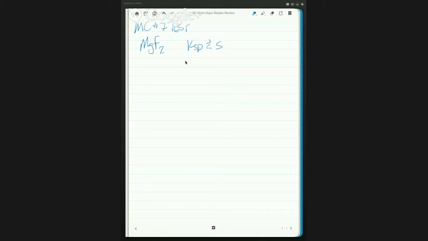That's good. This actually relates to one of the questions I'm going to talk about. KSP is the solubility product, or maybe solubility product constant. It can also be listed as the equilibrium constant. So that's what K is right here.